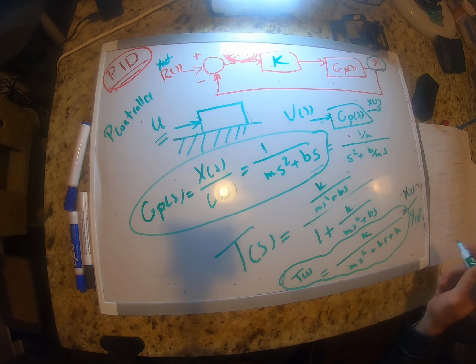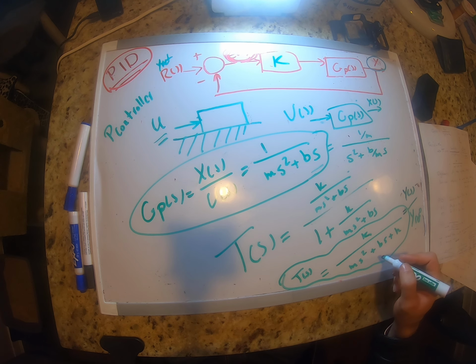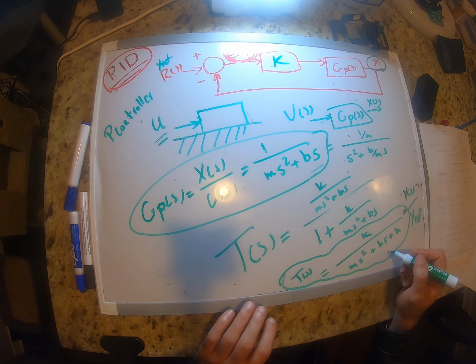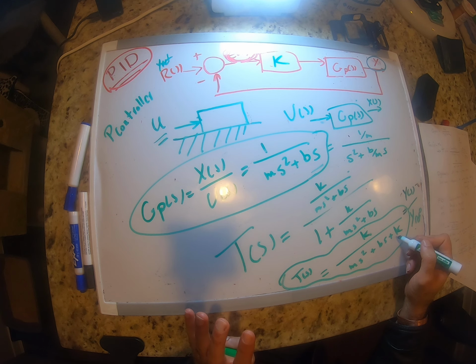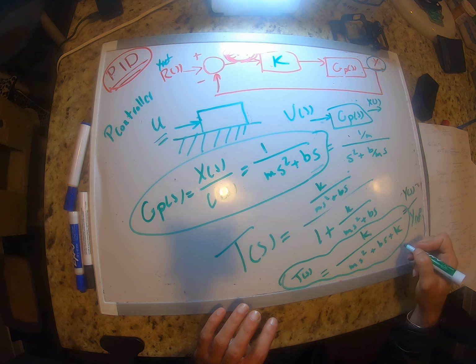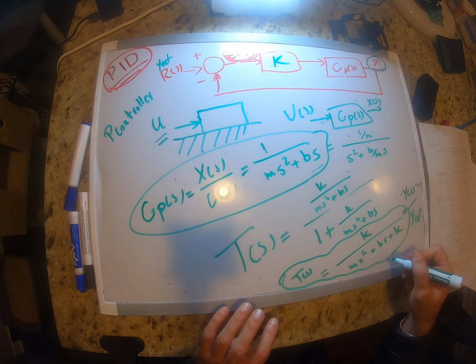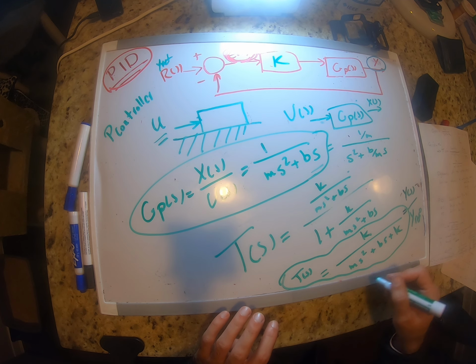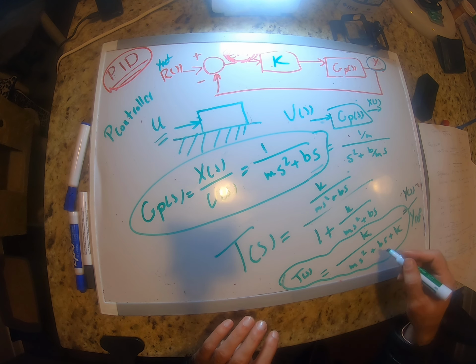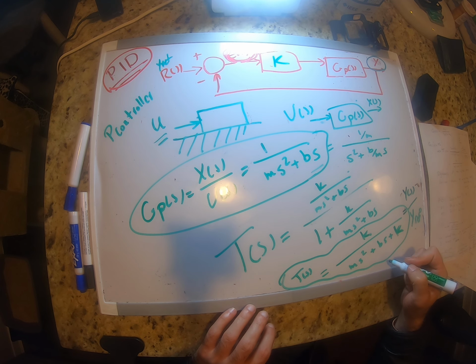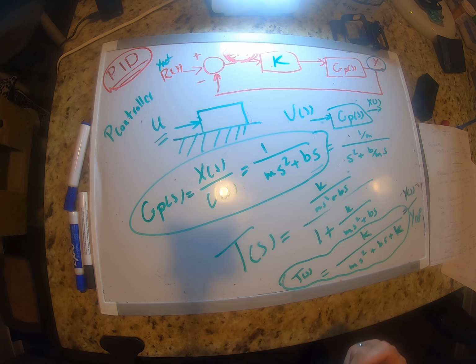So this is a second order system. By choosing the value of k, you can find the natural frequency, the damping. Many of the performance characteristics of the system can be changed by changing the value of k. Okay, so this is an example of a proportional controller and how it changes the closed loop transfer function.